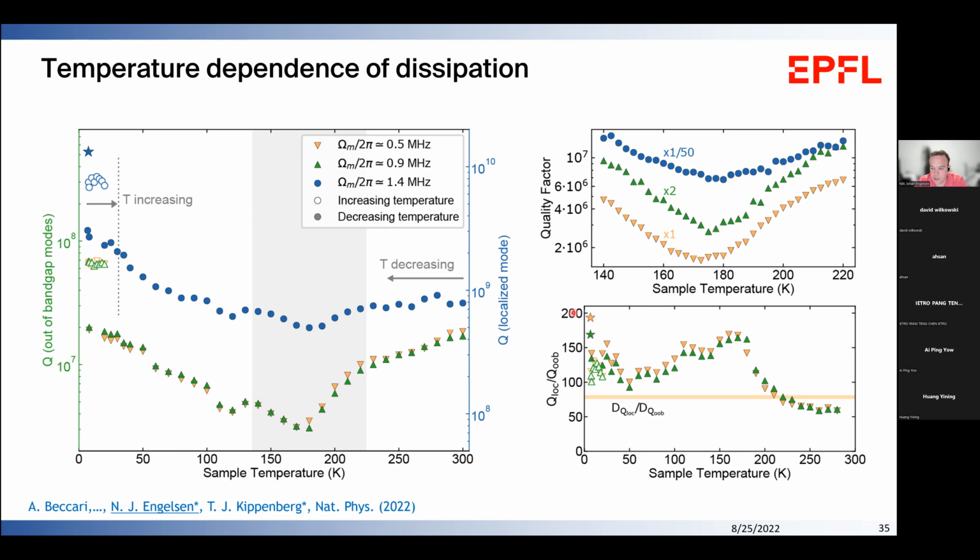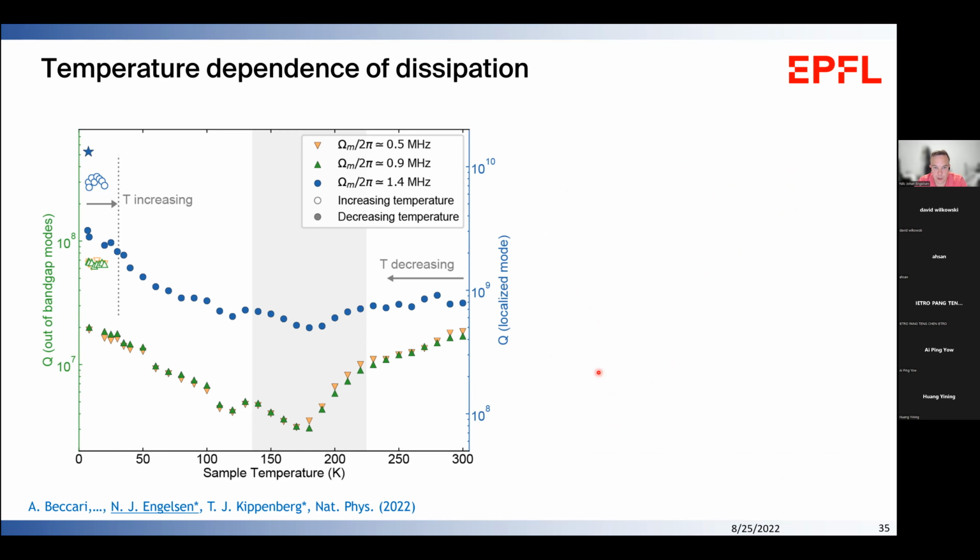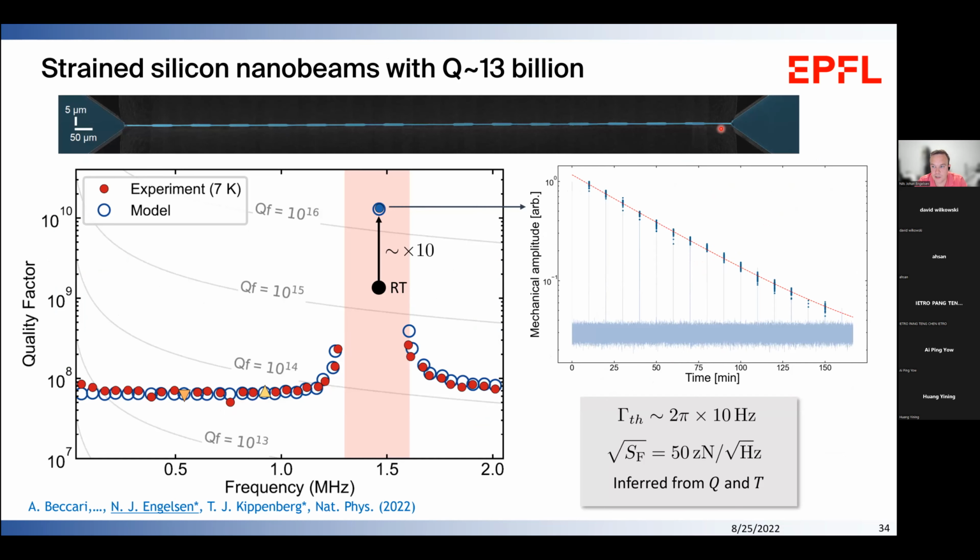Another thing to note is that the ratio of the quality factor of the localized mode to the non-localized mode changes with temperature, which is something you wouldn't normally expect. You would expect it to be constant and equal to what it should be at room temperature. But we believe that this is because at these clamping points, there is an oxide layer in close proximity to the beam.